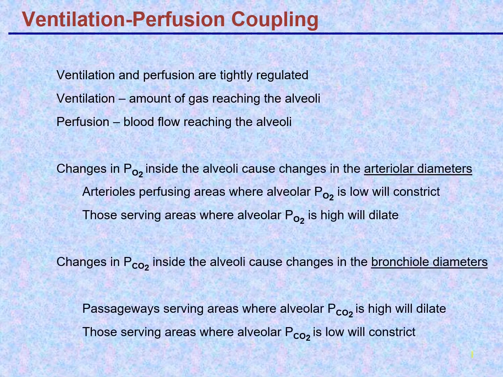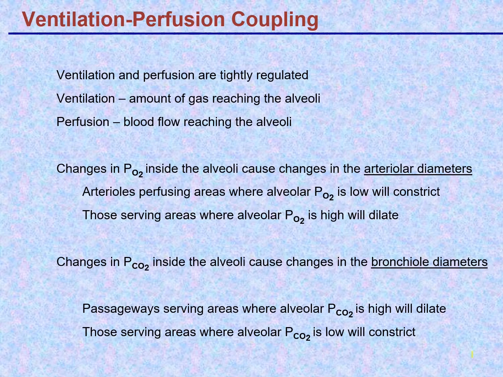In contrast to the effect of PO2, which is on the arteriolar diameter, the effect of PCO2 is on the bronchial diameter. So PCO2 has an effect on bronchioles. It can cause them to dilate or constrict. This is determined by the level of PCO2 in an alveolus, in an area in the alveoli.